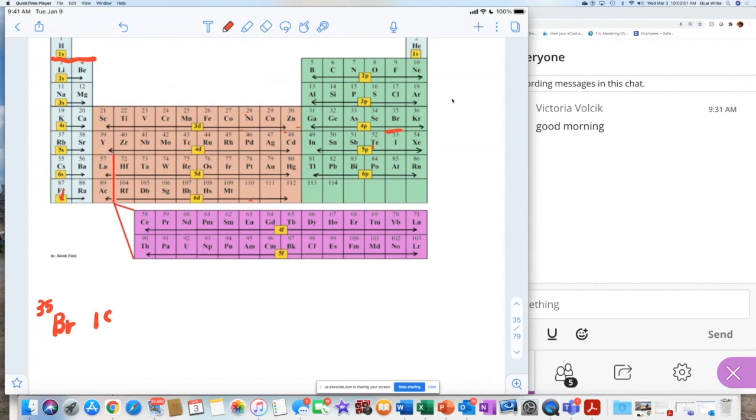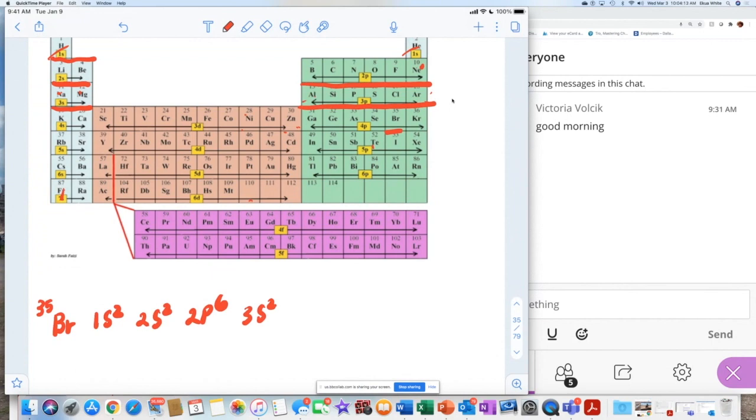1s2, right? 2s2, to the right. 2p6. Now we're here. 3s2, 3p. We go all the way to the end because bromine is down here.